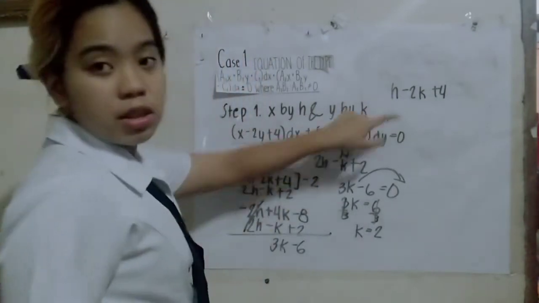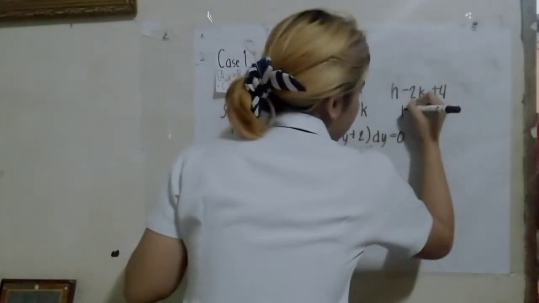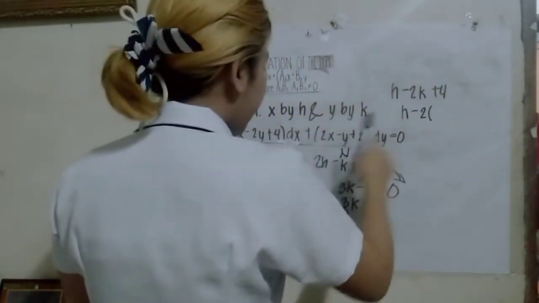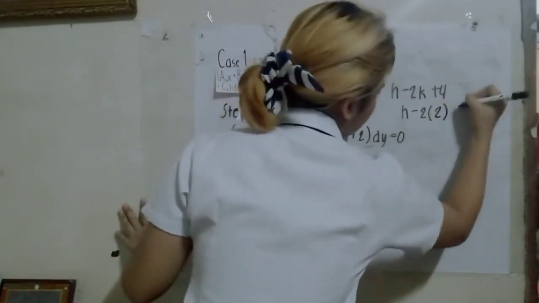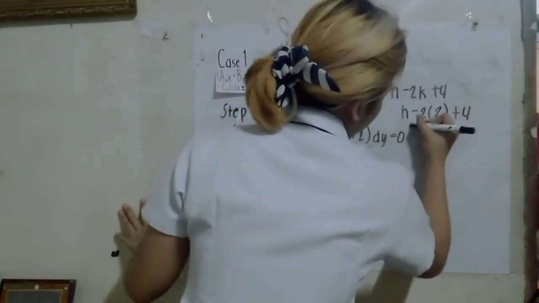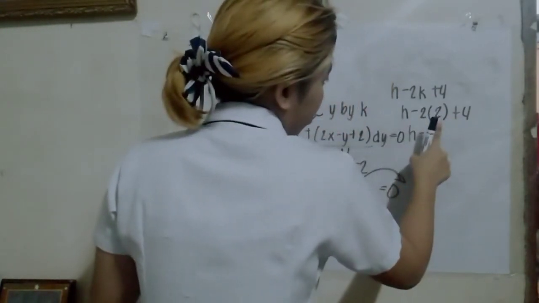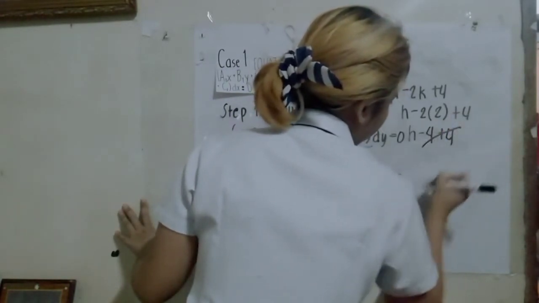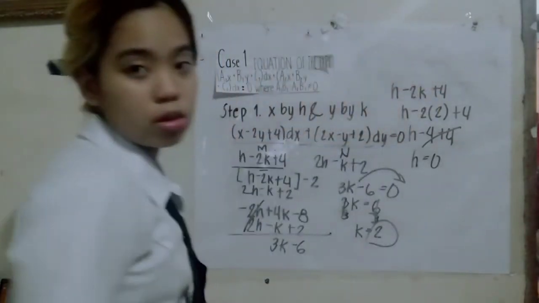Isa-substitute natin si k ng 2: h minus 2 multiplied by 2 plus 4. Negative 2 multiplied by 2 is negative 4 plus 4. Cancel na si 4, kaya si h ay wala nang value. So, h is equals to 0.